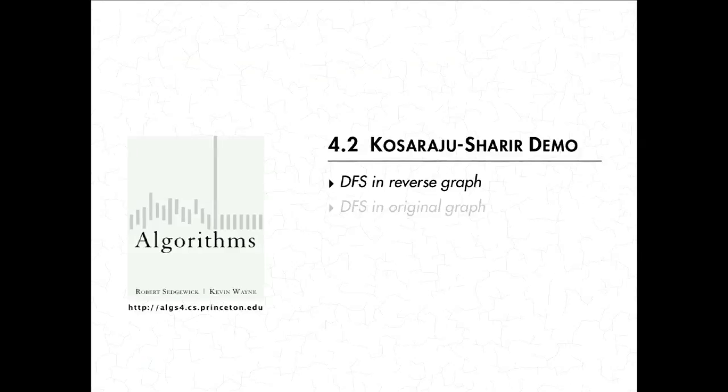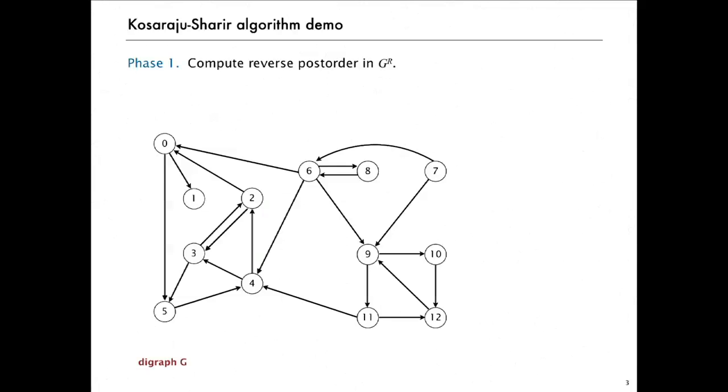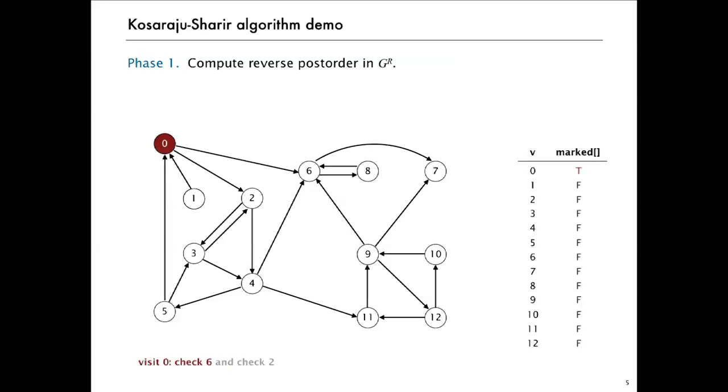Here goes. First we'll do the DFS in the reverse graph. That's the graph, that's the reverse graph. Remember, these two have the same strong components. There's our marked array. We do the DFS, and reverse post order means that when we're done with the vertex, we put it out.